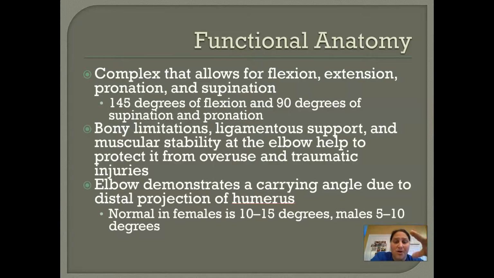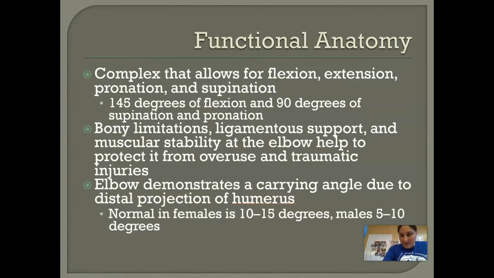So for pronation and supination, that's at the forearm. So remember before, we're holding supinate, we're pouring that soup out, okay? What we're also looking at is a carrying angle, okay? In females, it's 10 to 15 degrees, and in males, it's much less. It's 5 to 10 degrees.